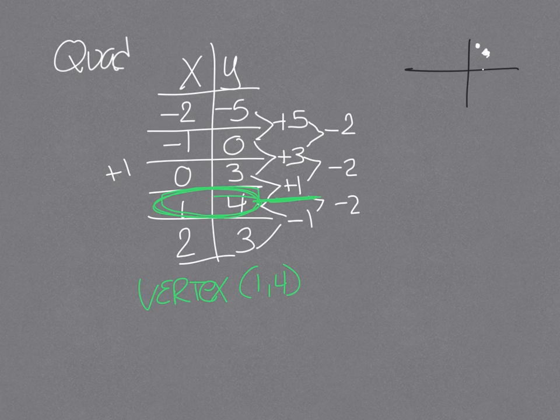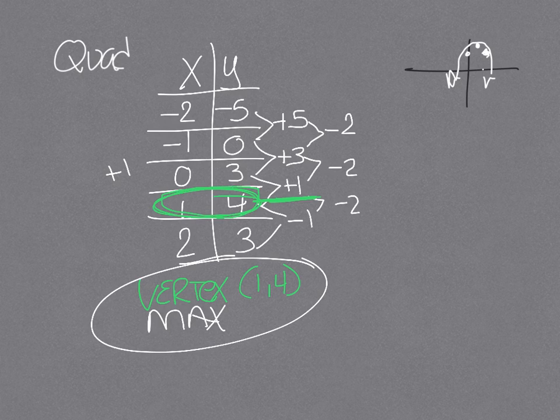Over here is 0, 3, which is here. So yeah, you've got a downward graph, don't you? Okay, so if it's going down, that means that our vertex is going to be a maximum.